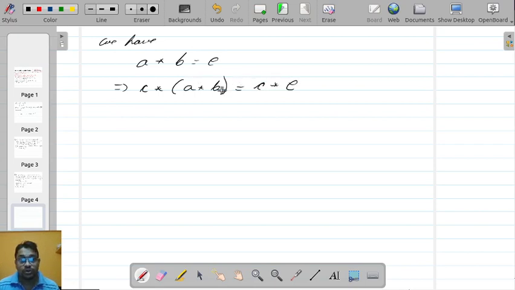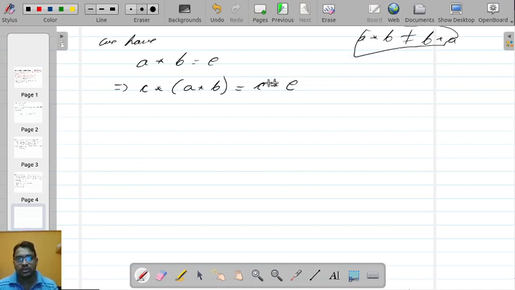When you compose in groups, remember that either you have to apply the operation on the left, or you have to apply the operation on the right, because it may happen that A star B is not equal to B star A. There are groups which do not satisfy this.